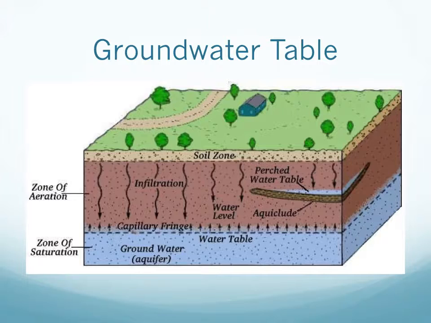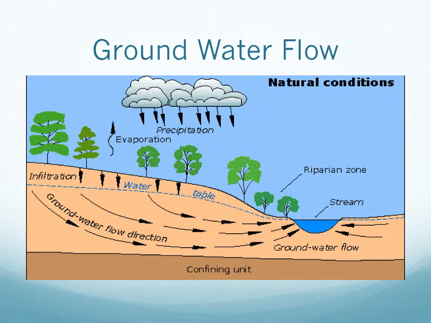So that is how groundwater gets under the ground, collects in certain areas together, and travels downhill. So here we see it traveling downhill just like surface runoff travels downhill.